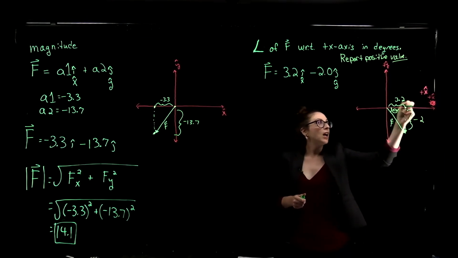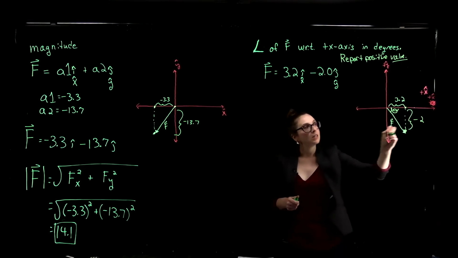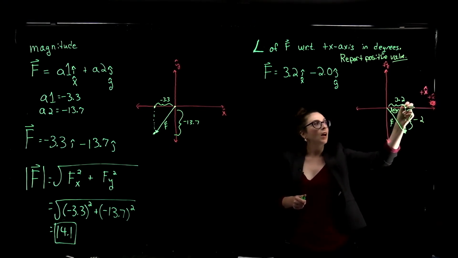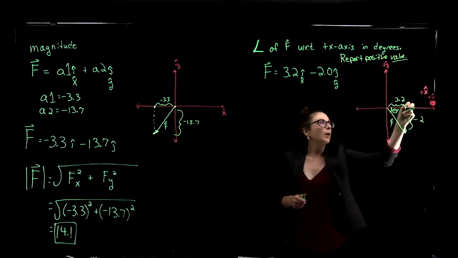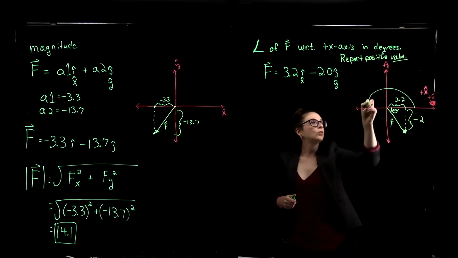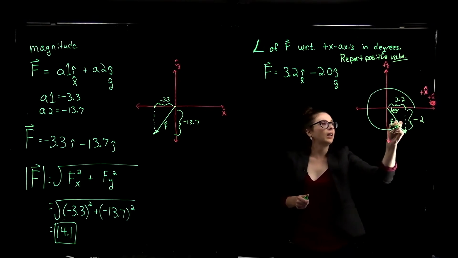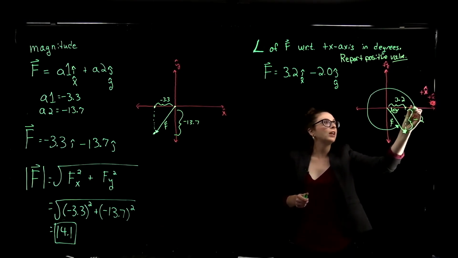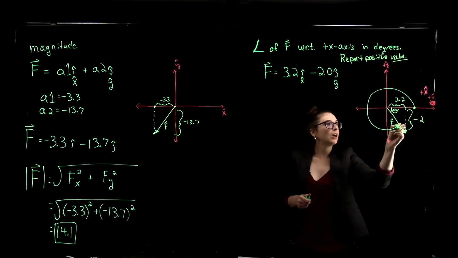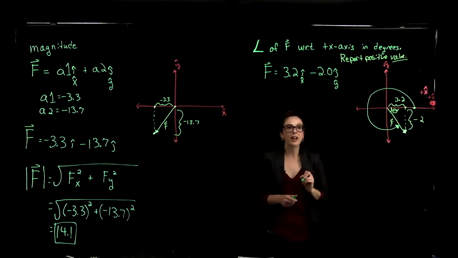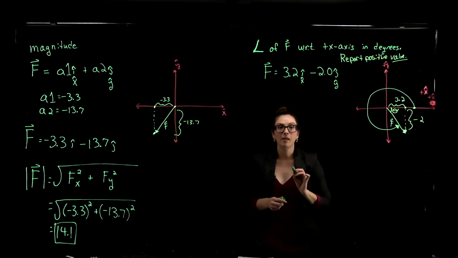That means I start at the positive x-axis and I go around for my angles. The convention is to make positive angle be counterclockwise. So this whole angle that I just drew, starting from here, going all the way around and ending right here, this is the angle that you are going to report in the quiz.